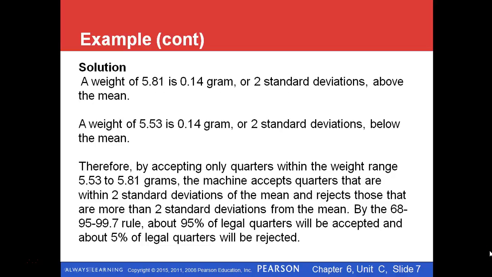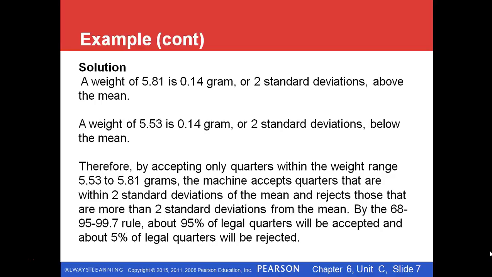A weight of 5.81 is 0.14 grams more than the mean. This happens to be two standard deviations, right? 0.07 twice. A weight of 5.53 grams is two standard deviations below the mean.